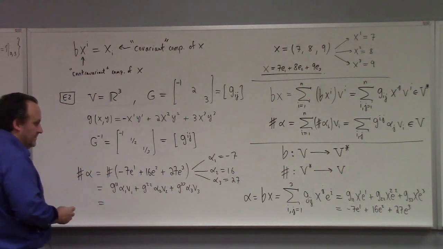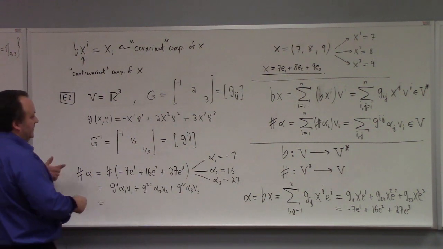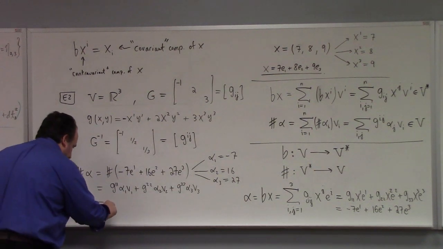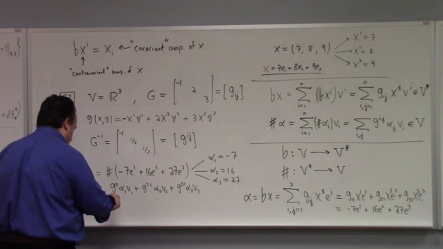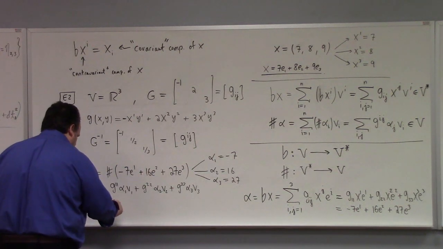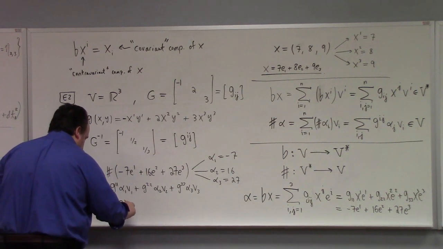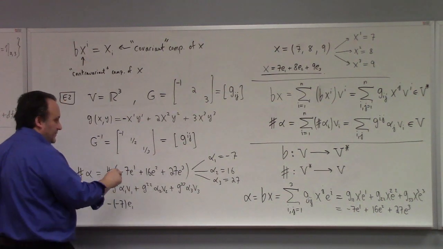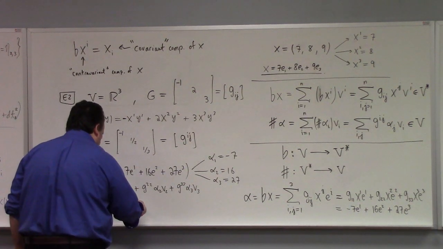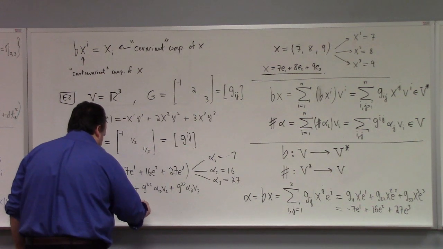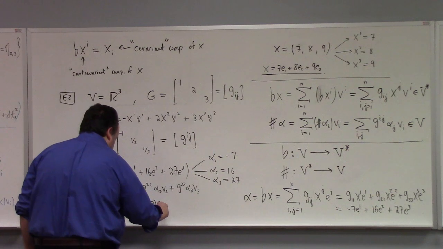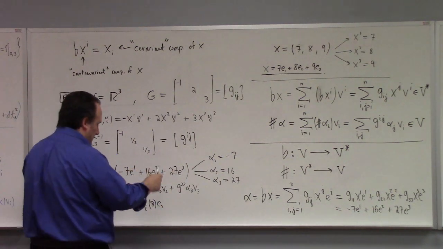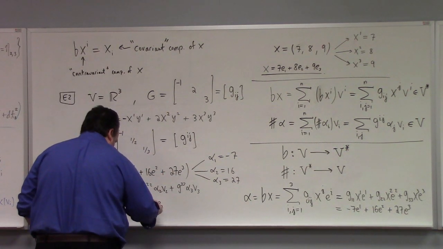And explicitly, what is G11? Well, G11 is minus, so we get a minus, and my alpha 1 was what? Minus 7, so I get minus a minus 7, that's E1. G22 is 1/2, so I get plus what? 1/2 of, not 8, alpha 2 was 16, E2.